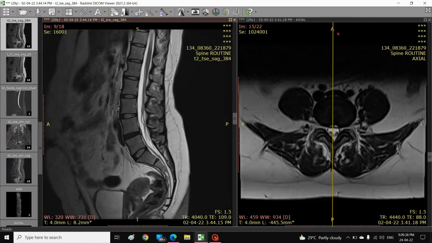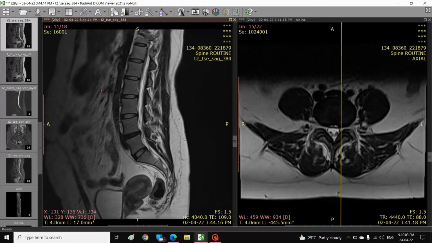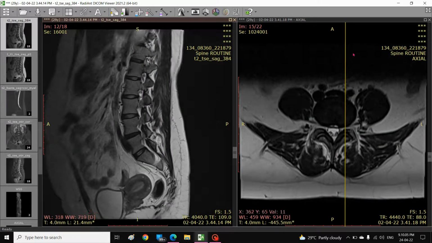Remember I said when you make a slice at the mid sagittal level, that means the center of the spine. Since the cut is made in the middle of the spine, you could see the spinal cord here. As the slice moves from right to left, this line corresponds to the left side of the foramen canal.